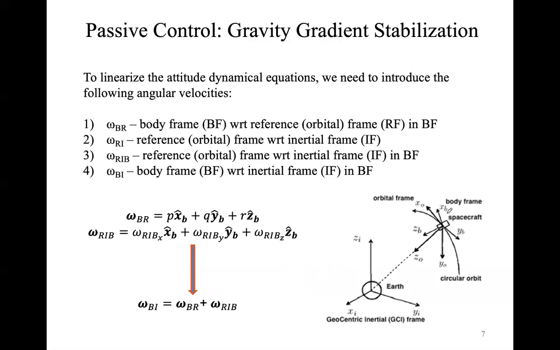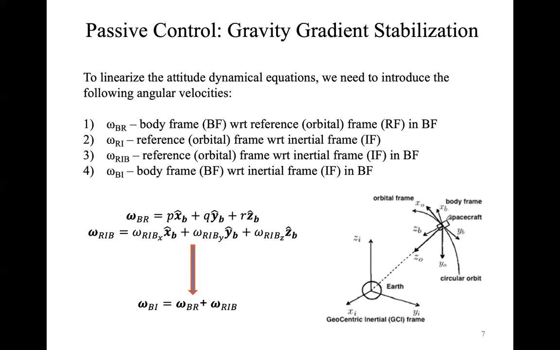Our goal is to have xb, yb, and zb coincident with x0, y0, and z0. Every single vector will be expressed with respect to the body frame. It means that even if we are trying to determine omega, the angular velocity of the body frame with respect to the inertial reference frame, that corresponds to a vector that can be expressed in the body frame.